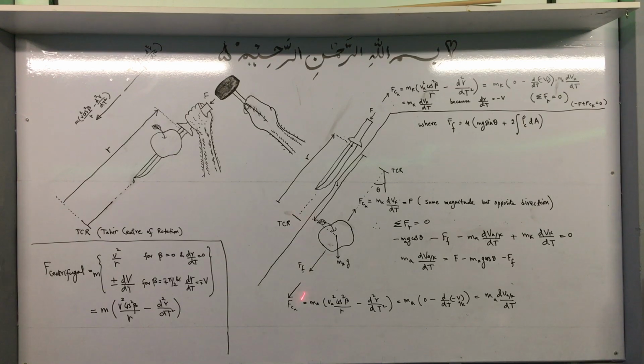This is the negative direction, this is the positive direction: minus m_a g cos theta minus F_f, minus the centrifugal force on the apple, that is counteracting the centrifugal force that the apple got in the form of a mechanical force acting upward, or a reactive force acting upward.